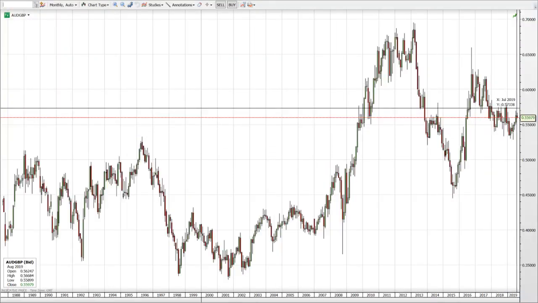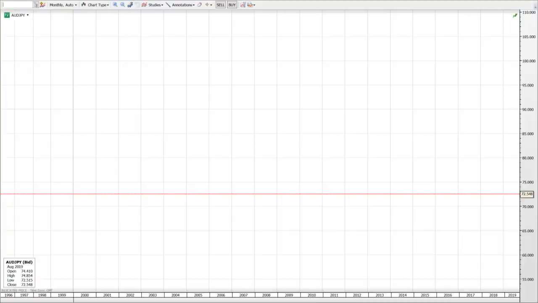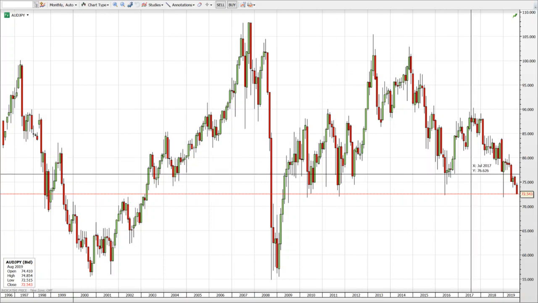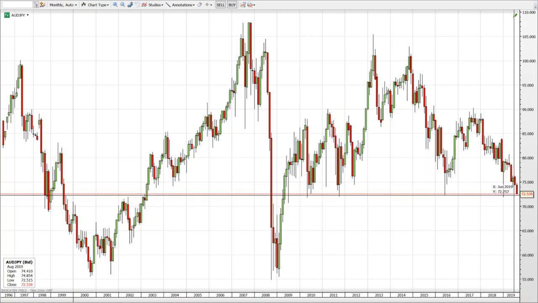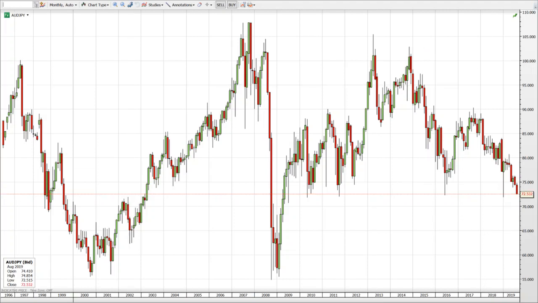It's actually gone up against the pound, probably more a reflection of how badly the pound is doing versus the Australian dollar actually being strong. Australian dollar against the yen, you can see, yes, bang, at new lows again as well, and a long-term downtrend.